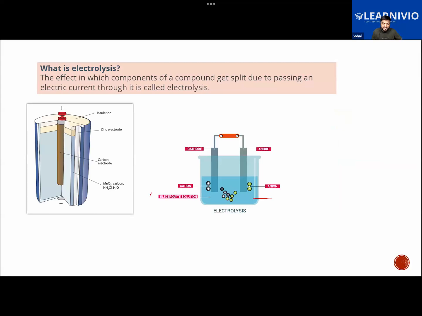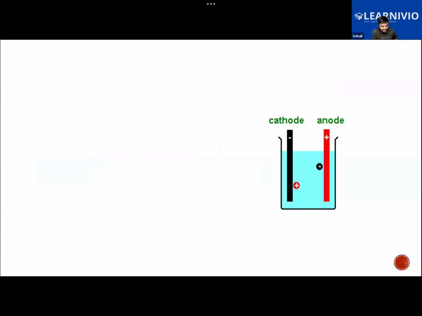Also, the concept of ions, cations and anions is clear to all of you. Those are basically charged particles, right? Also, one more thing I told you in the previous class: the flow of electricity in a solid conductor is because of the flow of electrons in it.